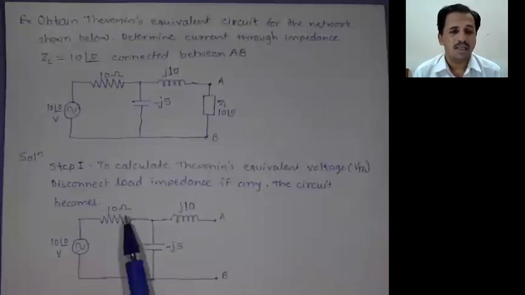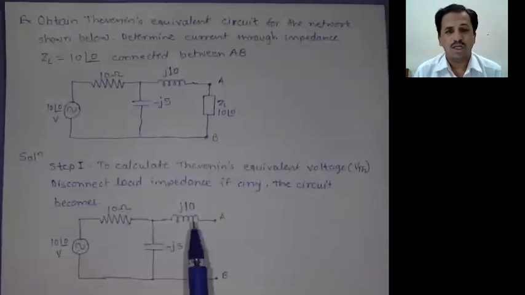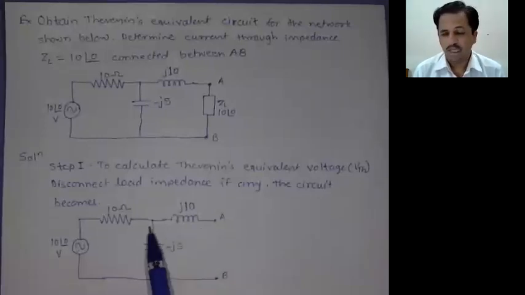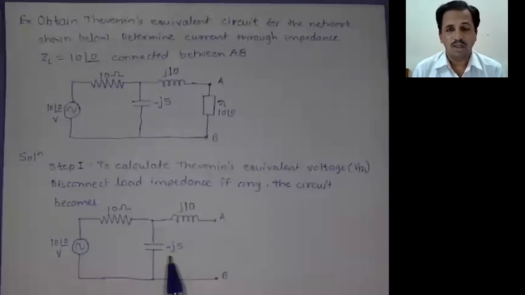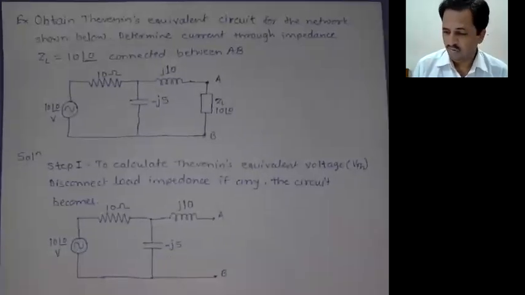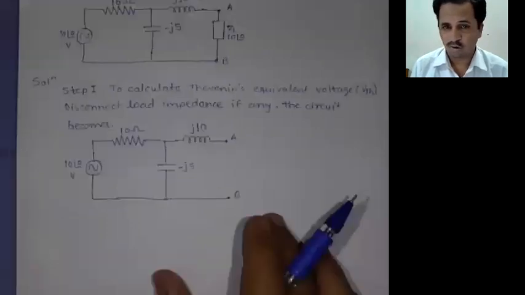Here, through this j10, that is the inductor, there is no current, and therefore the voltage across this j5, that is the voltage across the capacitor, is nothing but our Thevenin equivalent voltage. To calculate that voltage, we first have to calculate the current value. First I write: current flowing through the circuit.